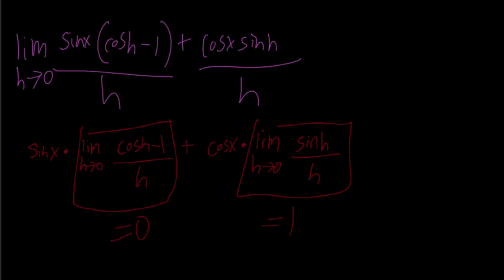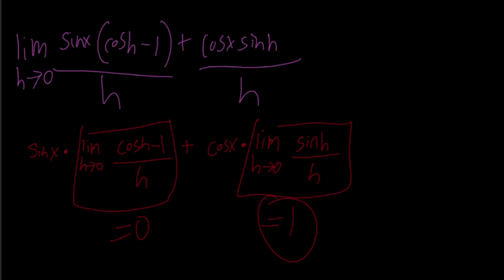And the reason why is because, for example, in sine h over h, this is equal to 1, because when the h value is really small, sine of h is almost the same as h. And we all know that when you divide a number by itself, it gives you 1.